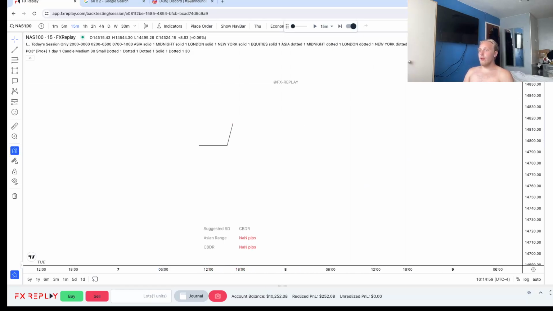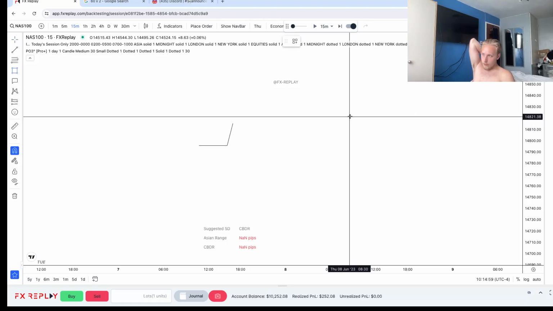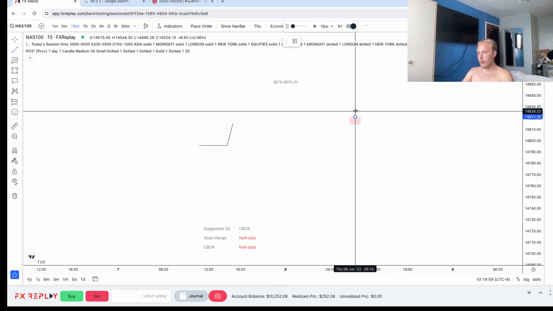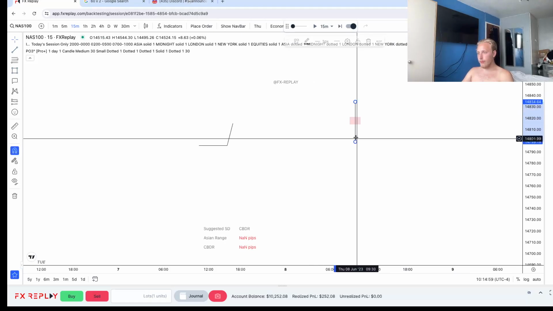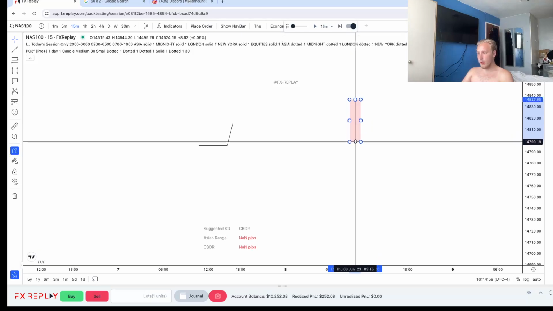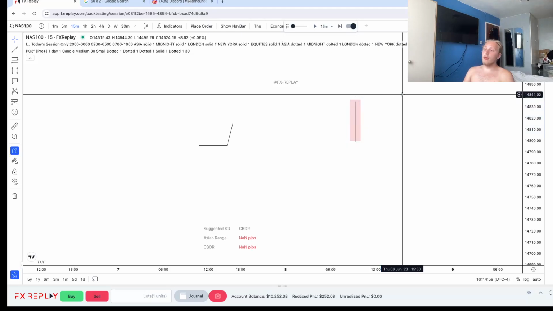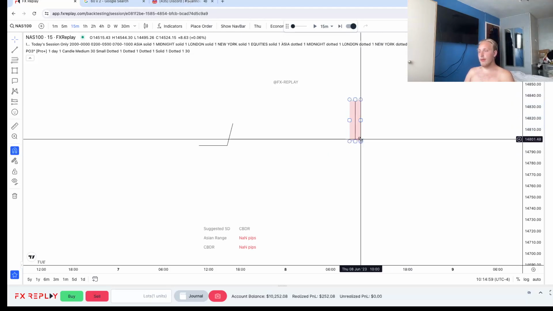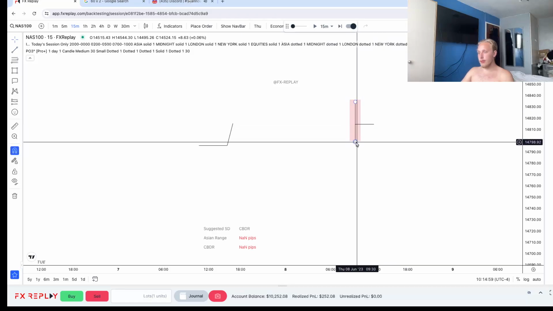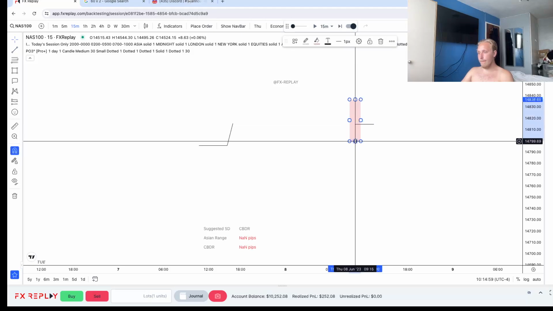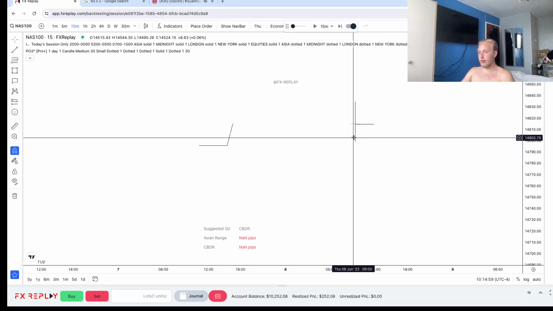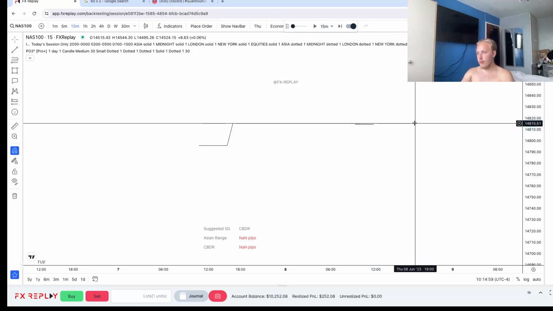So, for a daily candle, let's just... how can we draw this? For a daily candle to have a low, you must have an open. Let's say we open here. Ignore this line. We're actually going to take it off.